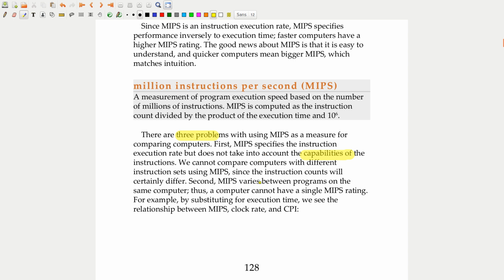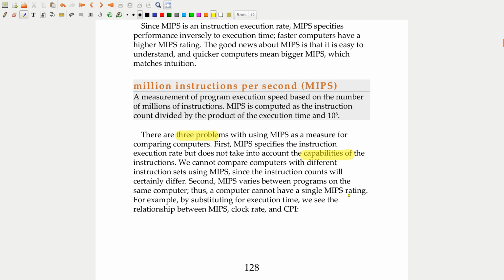So second, MIPS varies between programs on the same computer. A computer can have a MIPS rating, but MIPS is also determined by the intrinsic nature of the program.